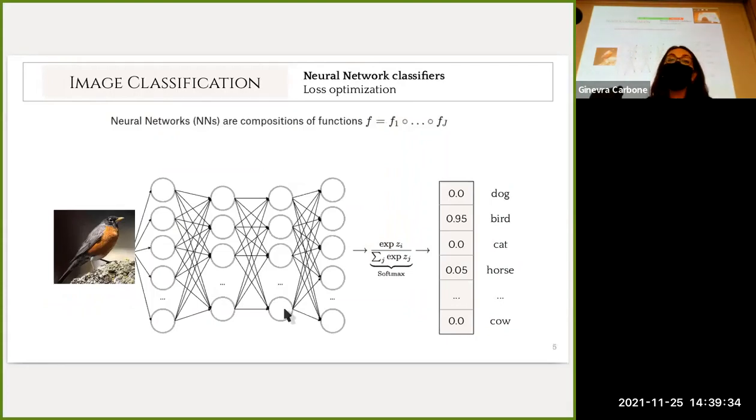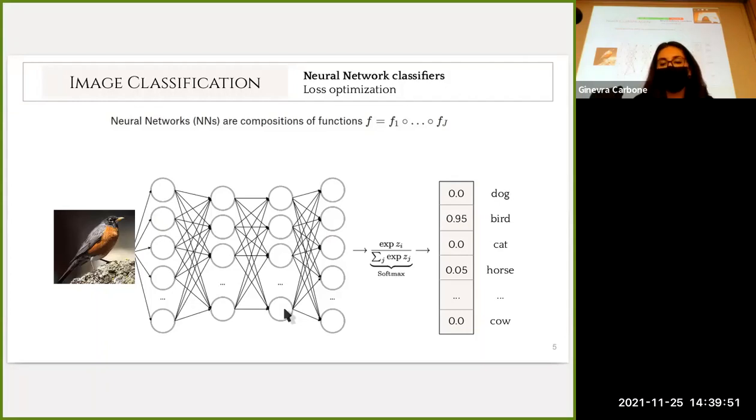In particular, we have a certain architecture, which is the one provided by neural networks. Now, let me just briefly describe neural networks in really two sentences.